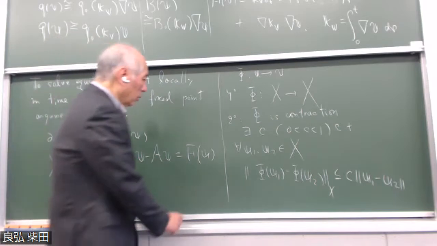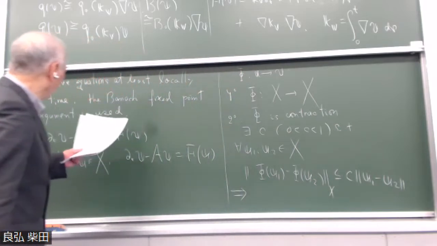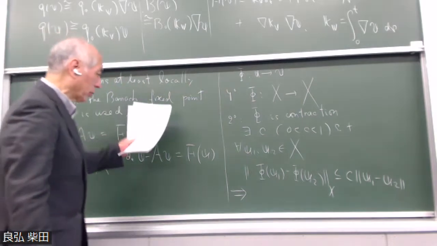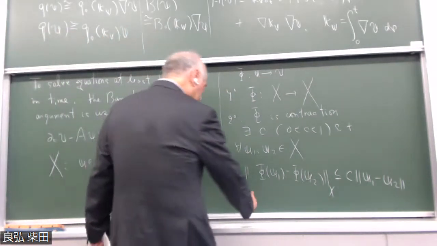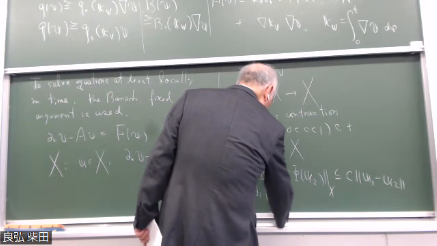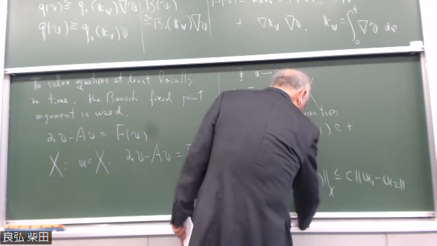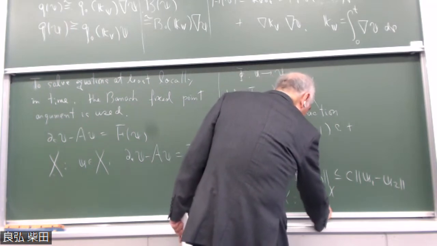Then, of course, the Banach fixed point theorem tells you that there is a unique u in X, a fixed point, Phi(u) equals u.